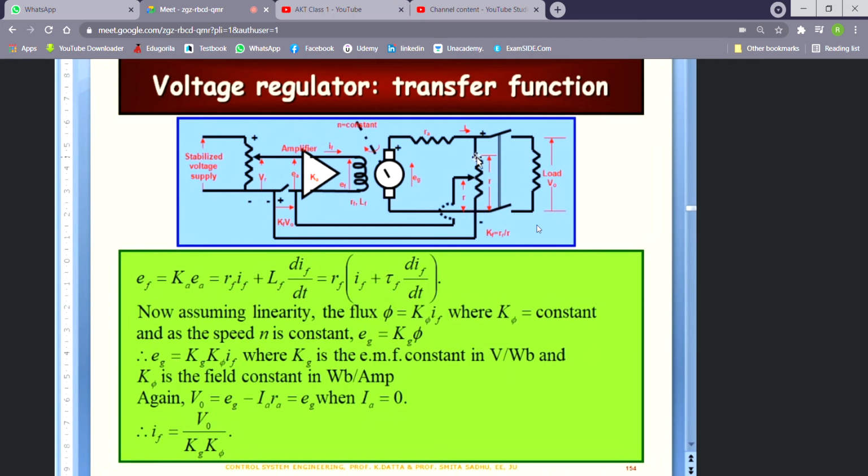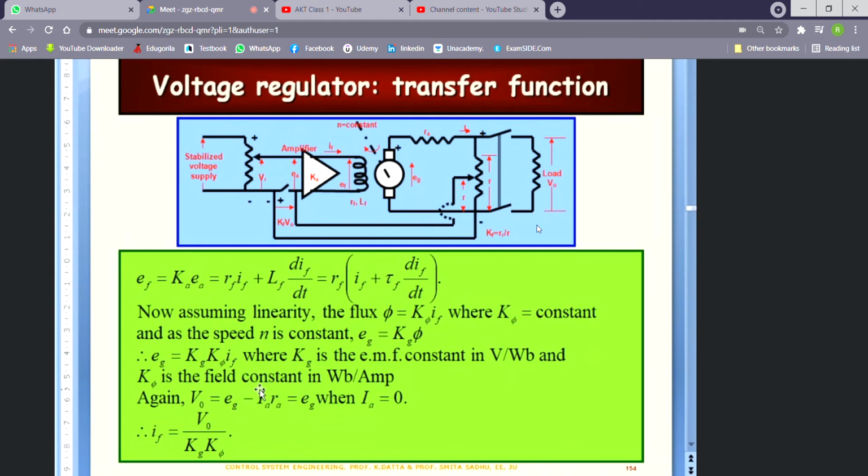So if the resistive element is large, if the switch is in off position, there will be negligible circulating current. That is, IA is small. Okay, R is large, so that IA, that is the circulating current over here, is very small. So if IA is very small, then this second portion can be neglected. Is that okay? Yes, ma'am. So we are saying that EG minus IARA is approximately equal to EG, because IA is very small.